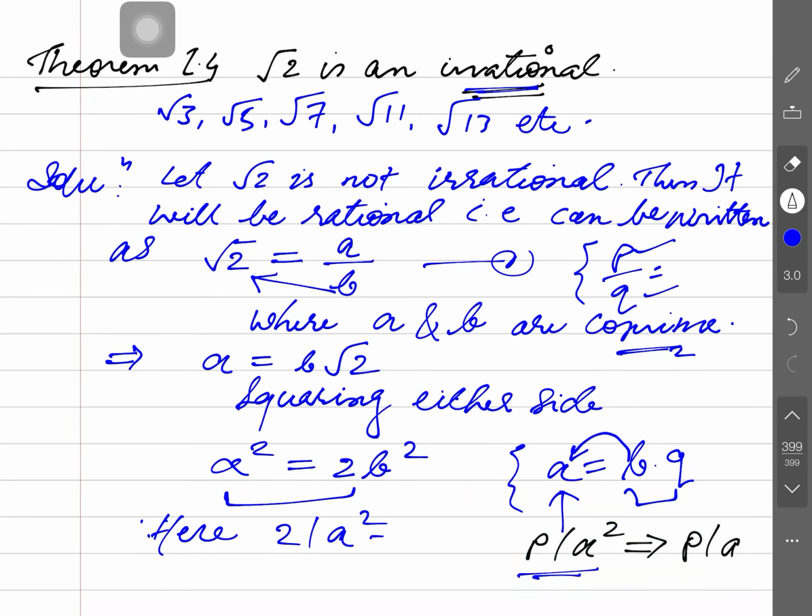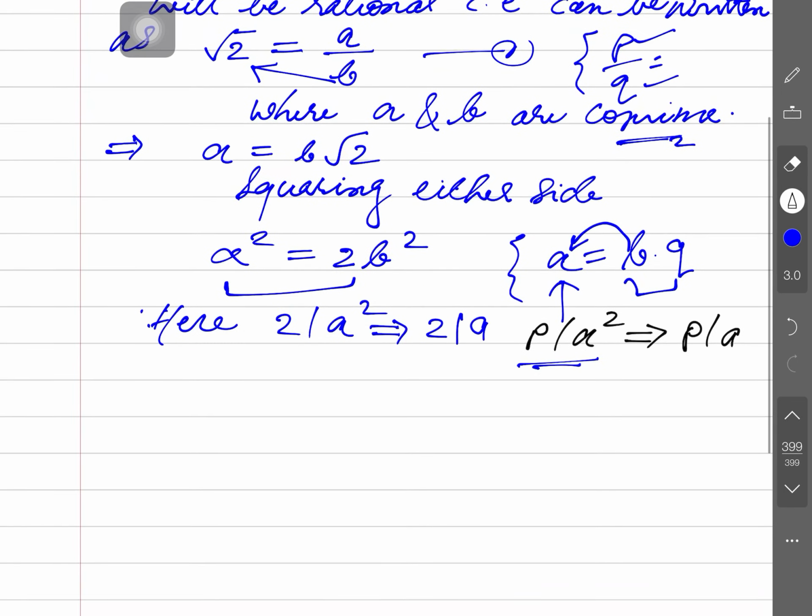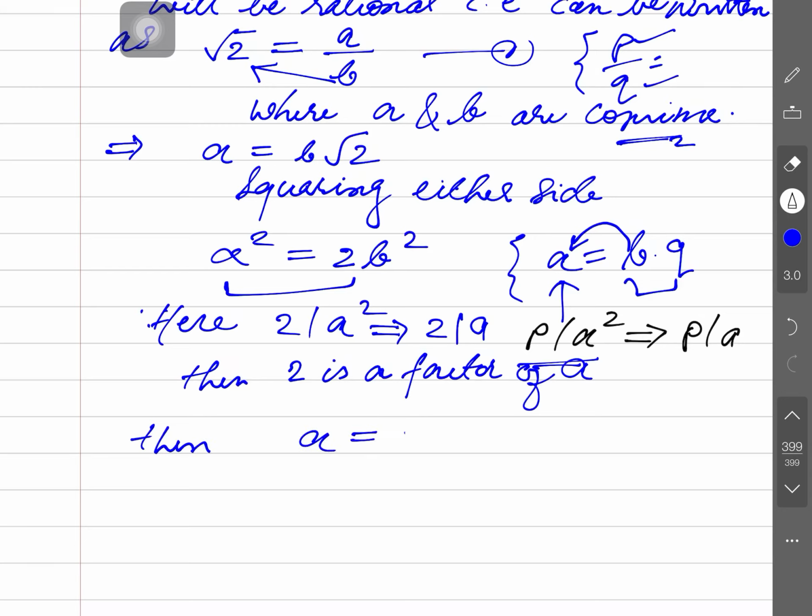So 2 divides a square implies that 2 divides a, and then 2 is a factor of a. We will remember this line: 2 is a factor of a. So if 2 is a factor of a, obviously 2 divides a, and a can be written as 2 into c.